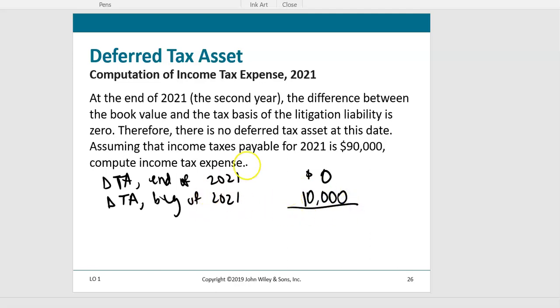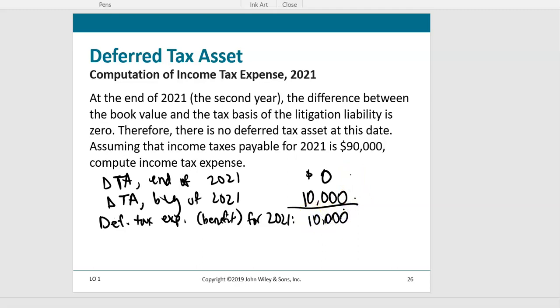And if we take the beginning and subtract out the ending, we get the deferred tax expense. And remember, if this number was negative, we would call it a benefit for 2021.